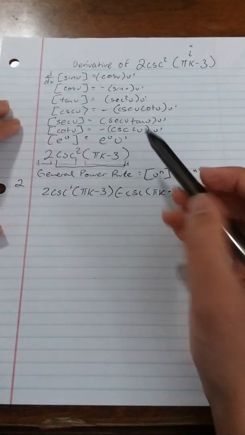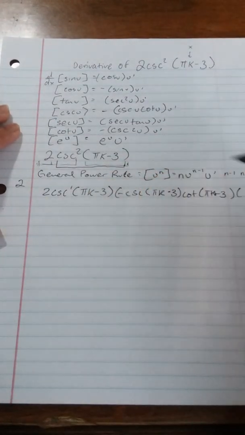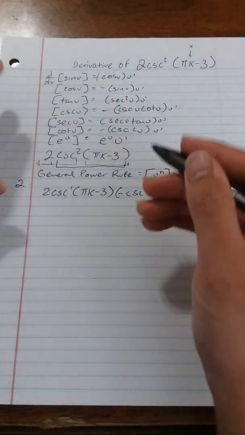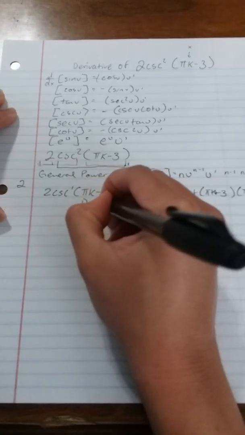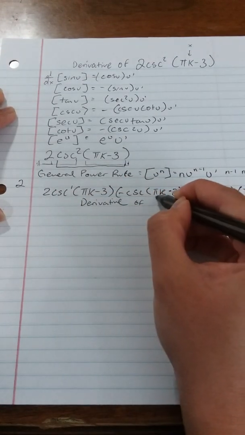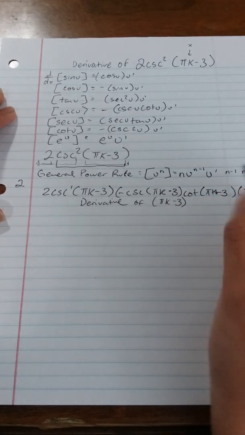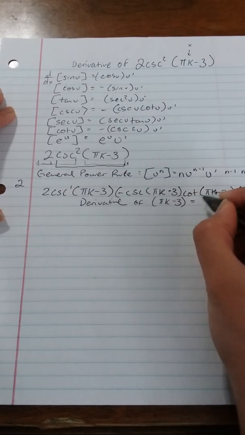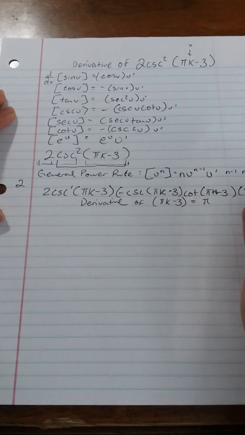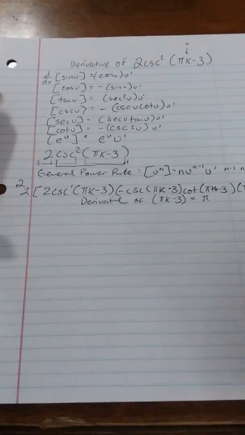And then we also have the u prime, which is the derivative of πk - 3. Let me write that out: the derivative of πk - 3. Since this is just a constant times a variable, the derivative equals π. We're going to put that right at the end there. And we're also going to have that 2 still in front from earlier.